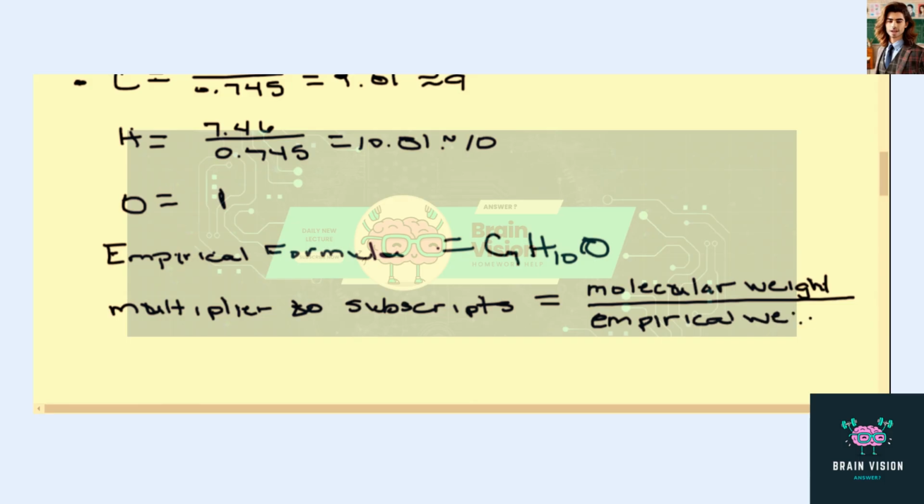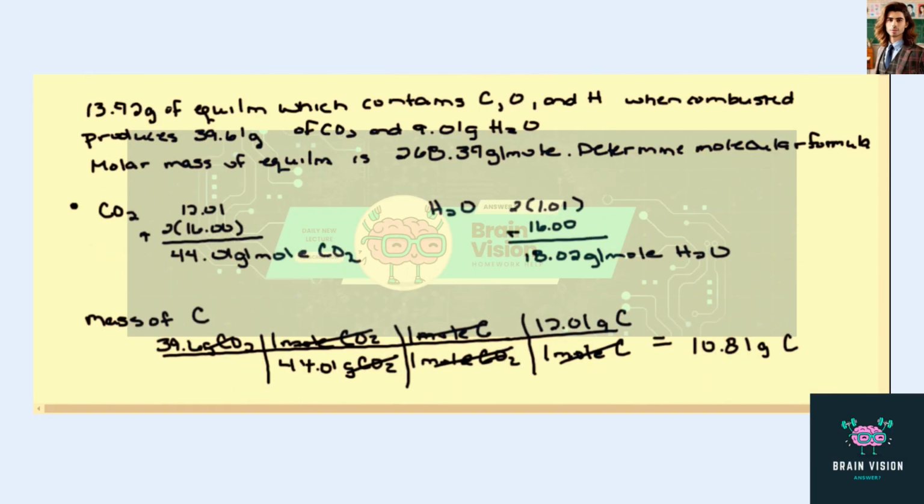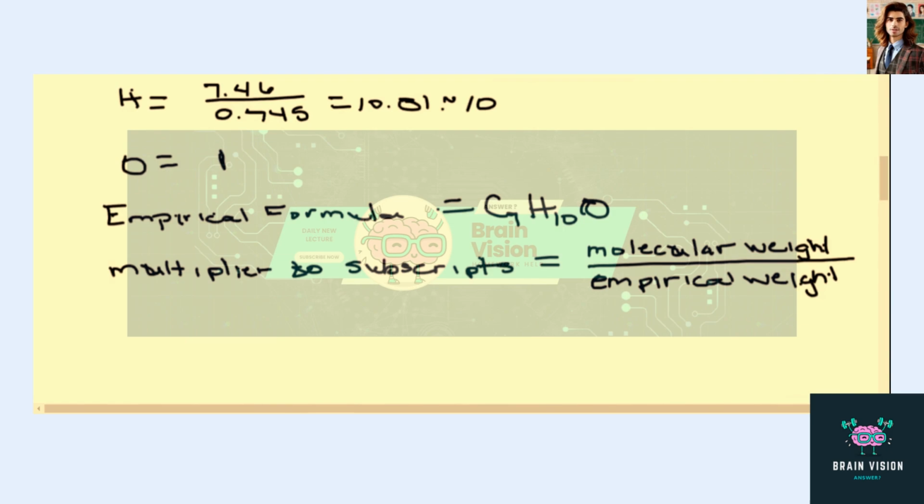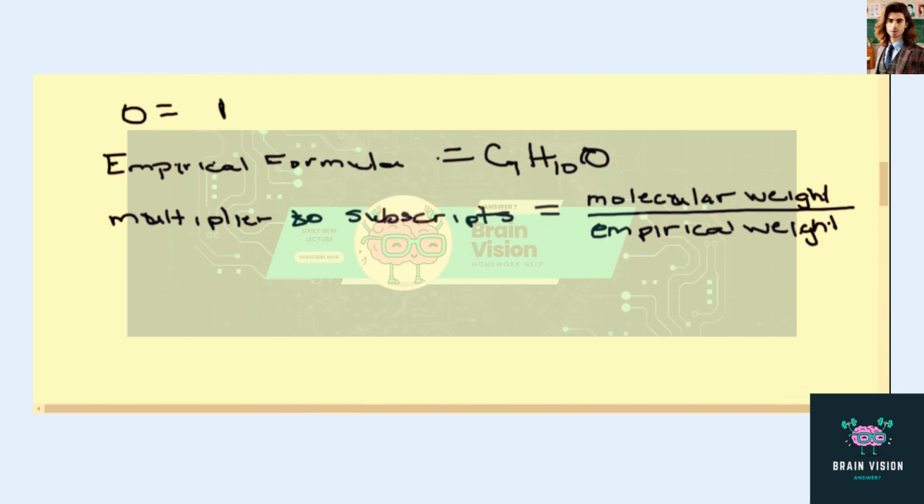Okay, and we're told back up here the molar mass of equilin was 268.34 grams per mole. So that is the molecular weight. And the empirical weight is going to be 9, because we have 9 carbons, so 9 times 12.01, 10 times 1.01, and 16.